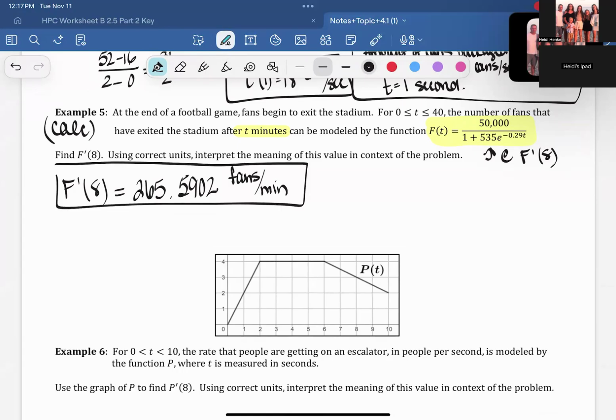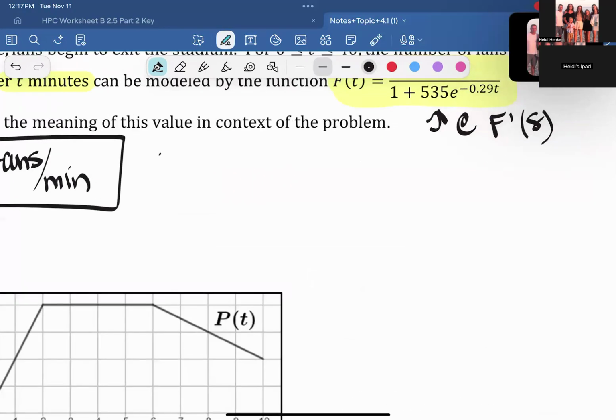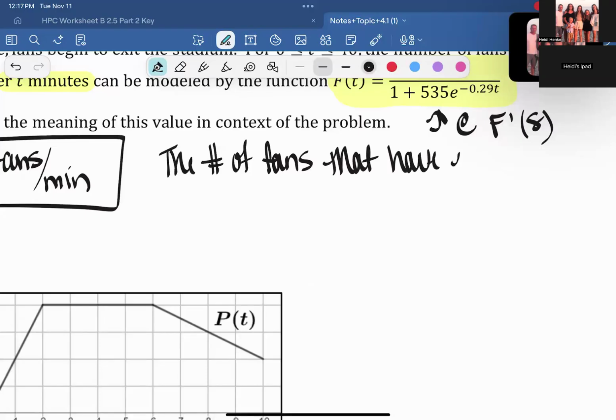Okay. So what does that mean? That means the number of fans that have exited the stadium, and then you have to say if it's increasing or decreasing.